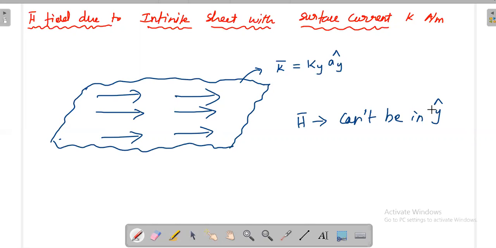Once you apply the right hand rule, the direction of the magnetic field will be perpendicular to the current flowing. Whenever current flows in a conductor, the magnetic field will be in a perpendicular direction, it may be in the plane or in some other direction. So magnetic field and current are always perpendicular to each other. As the current flows in the y direction, the magnetic field cannot be in y direction.